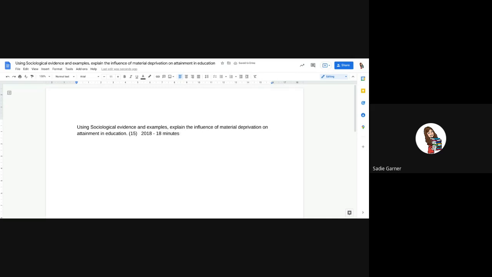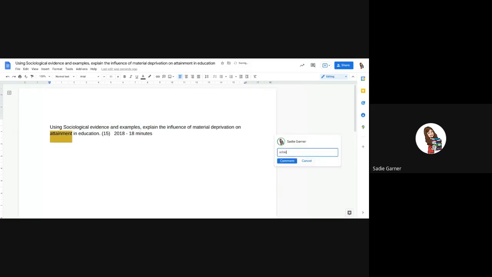It says using sociological evidence and examples, explain the influence of material deprivation on attainment in education. Attainment, they use this word a lot. Attainment just means achievement in education.